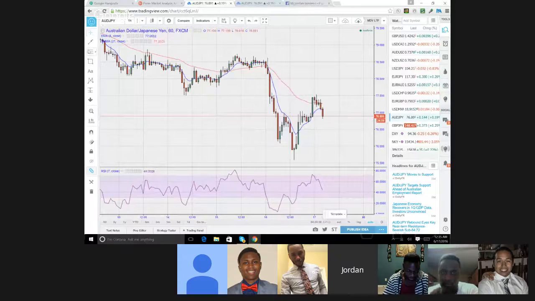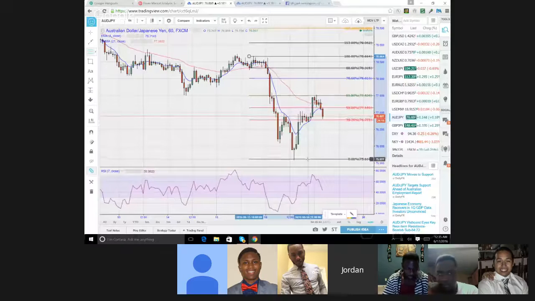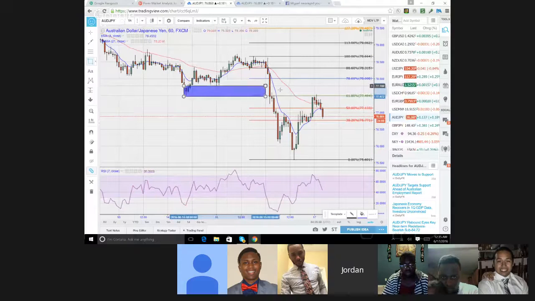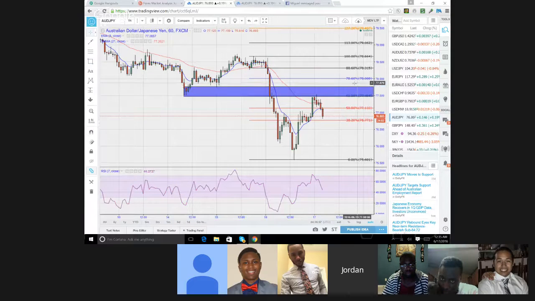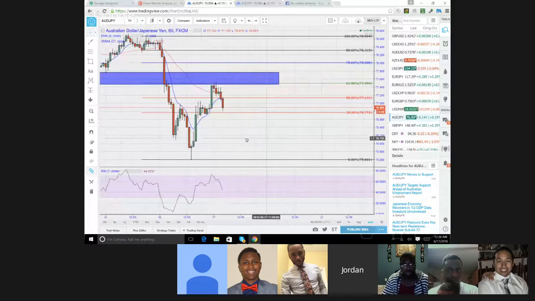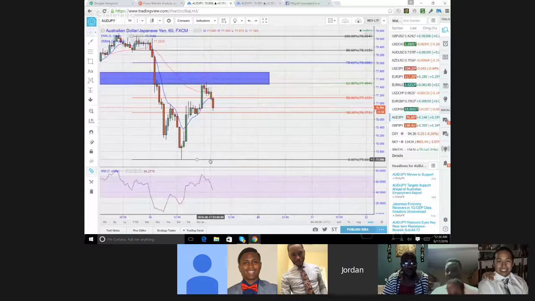I want to do Fibonacci swing high, swing low, and as you can see, price has been rejected from this 61.8 level, which also is a very strong structure point in here as well. If you look to your left, this is currently where we are at right now with price, going down to make those lower lows, which I definitely anticipate.